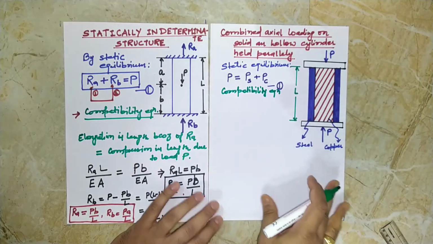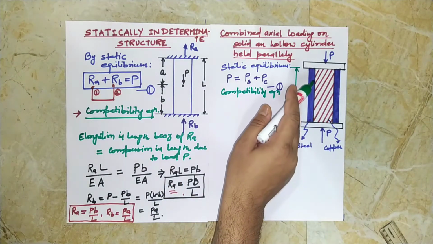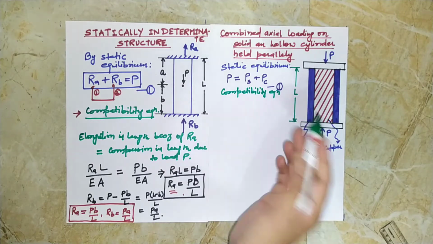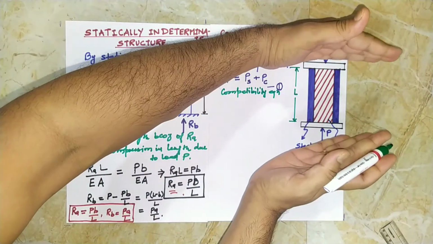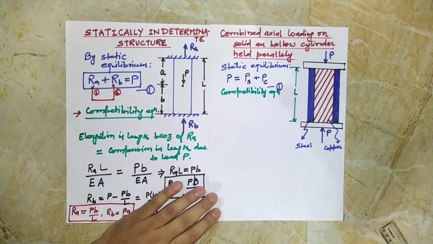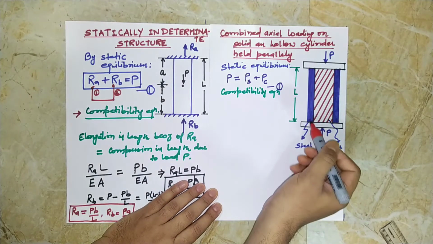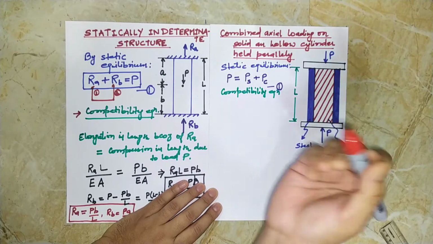Here we can see that the change in length occurring in both these cylinders will be the same because they are compressed held parallelly. So when the change in length is the same in these two cylinders, we can write that the change in length of the hollow cylinder is equal to the change in length of the solid cylinder.